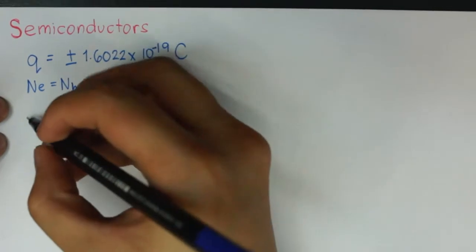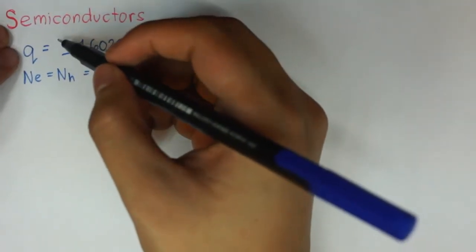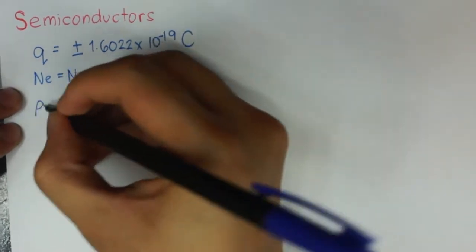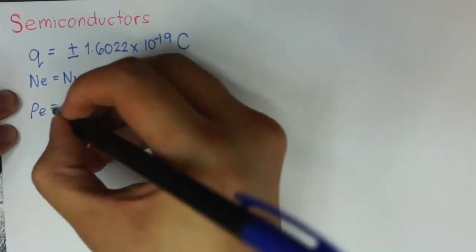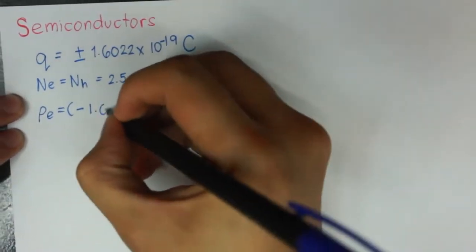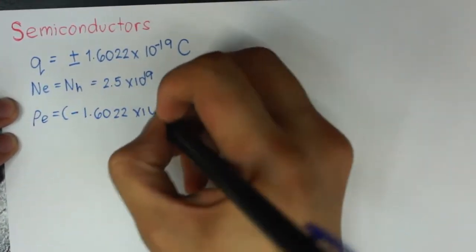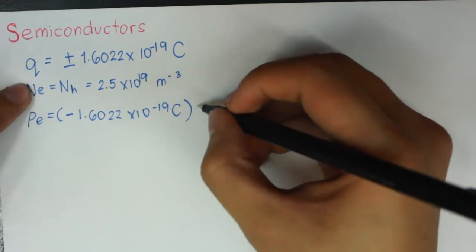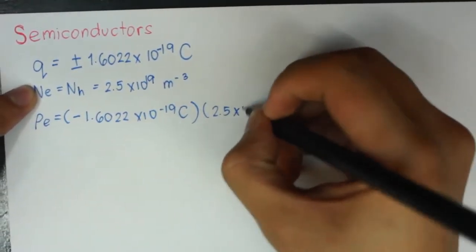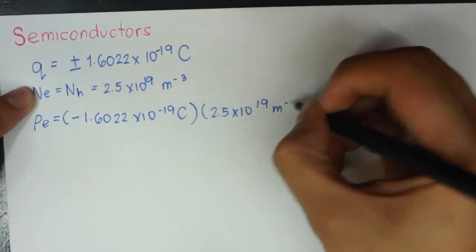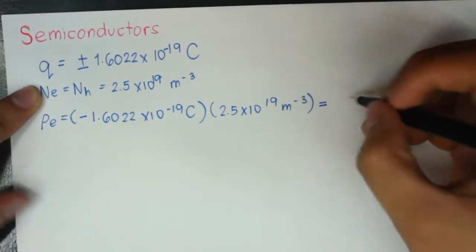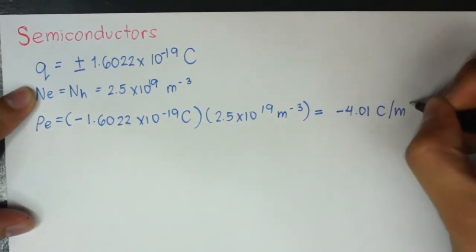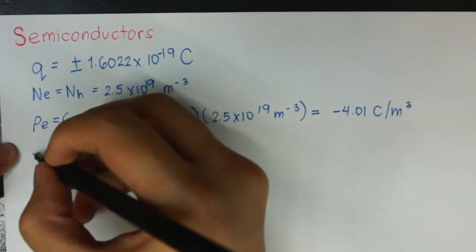To identify their charge concentration, since we have the charge, we can get that right away. So that's negative 1.6022 times 10 to the negative 19 coulombs times the concentration of electrons. Then we'll get negative 4.01 coulomb per meter cube.